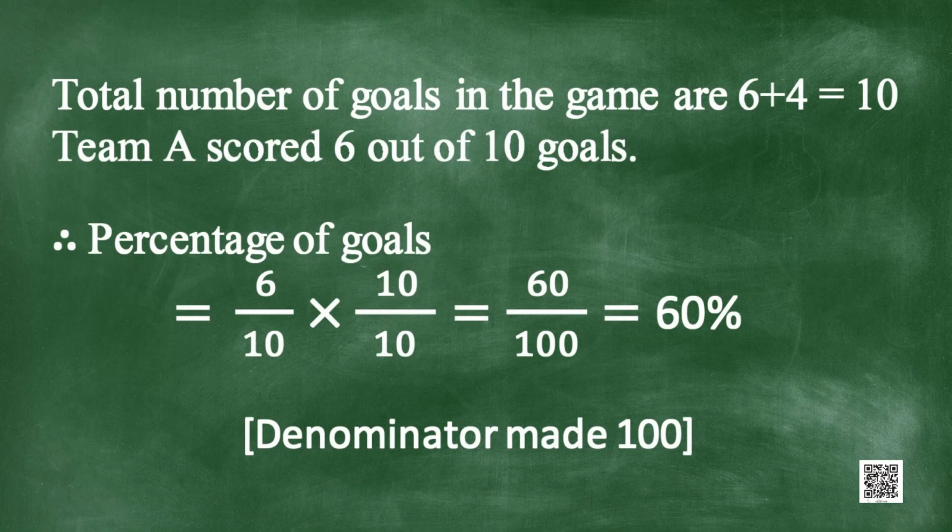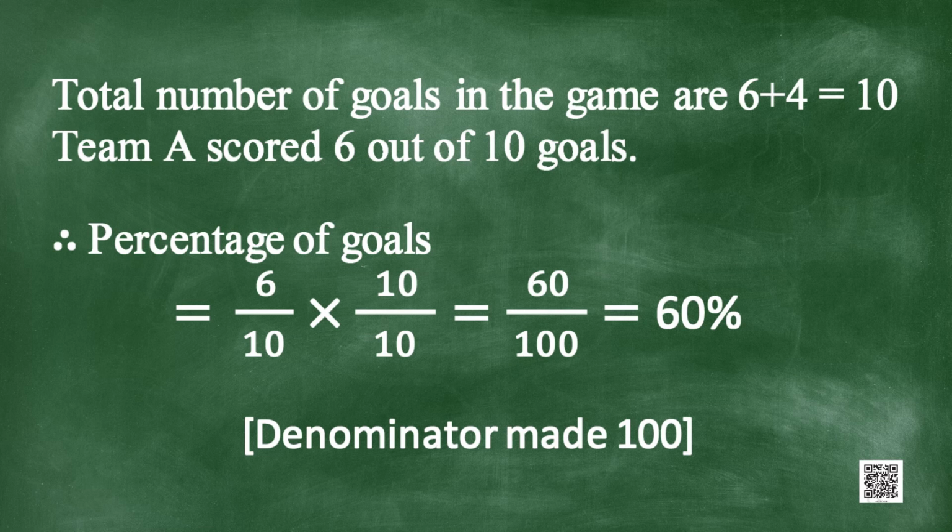Students, in this situation, the comparison can also be done using percentage. So firstly, let's try to calculate the percentage of goals by team A. If we find the total number of goals in the game, it will be equal to 6 plus 4, which is equal to 10. So team A has scored 6 goals out of 10 goals.